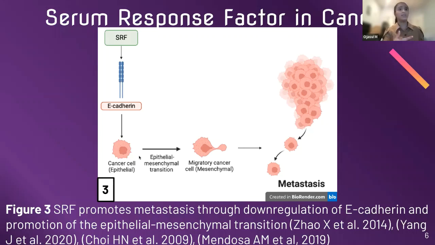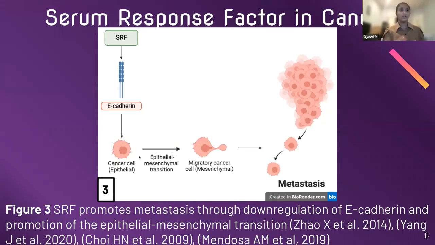In the normal state, the cells have an epithelial morphology, which basically means that they're normal. When this transition occurs, the cells change their phenotype. They become more migratory and more stem cell-like, which allows them to metastasize, leading to poor outcome.